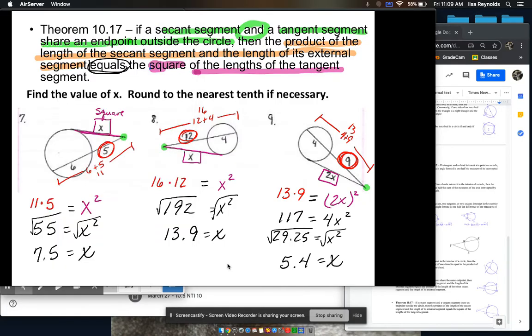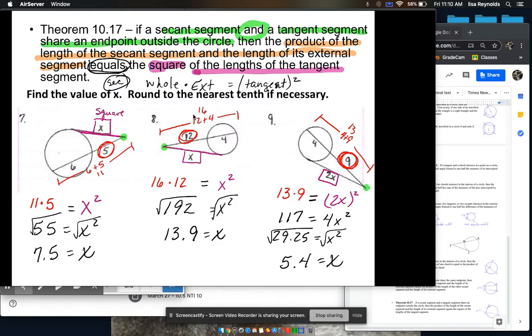So keep in mind, anytime you have a secant, it's always the whole secant times the external portion, and we take our tangent section and square it.